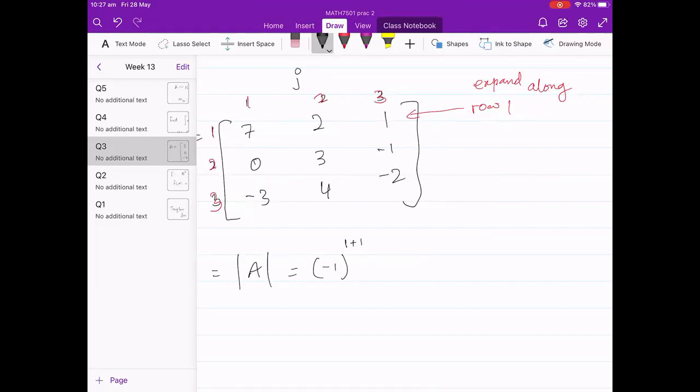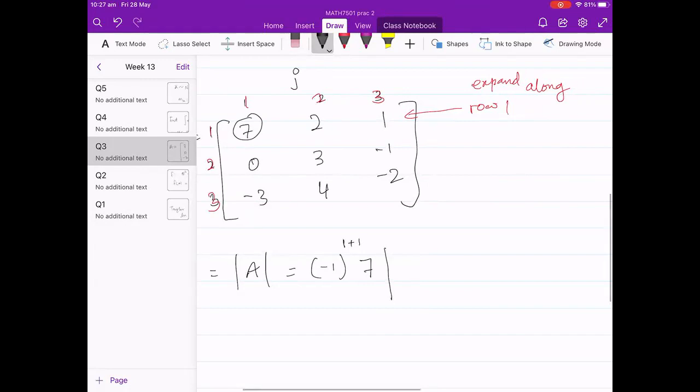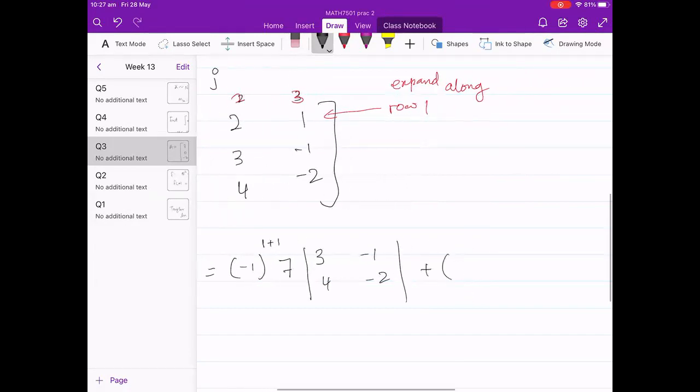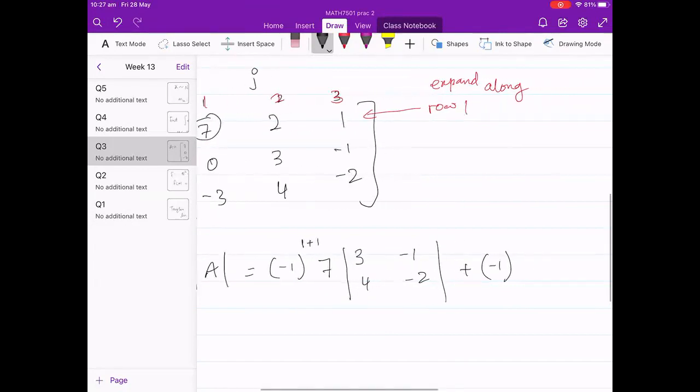The value is 7 here, times the determinant of, ignoring the first row and first column, that is (3, 4; -1, -2). Plus the second cofactor is -1 to the power 1 plus 2. We are still in row 1, but column 2.